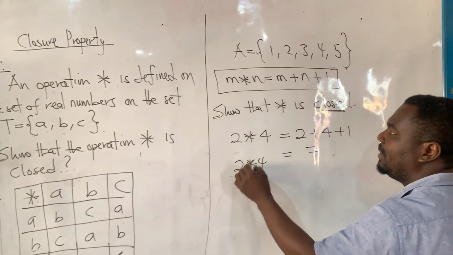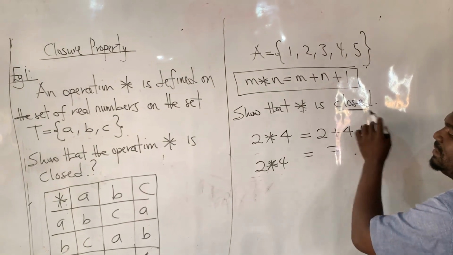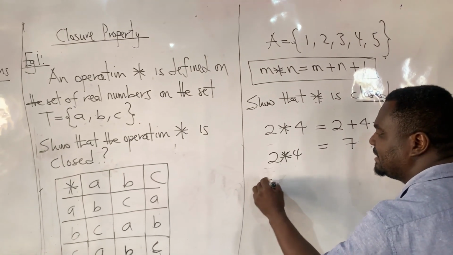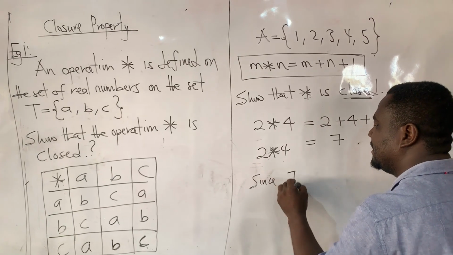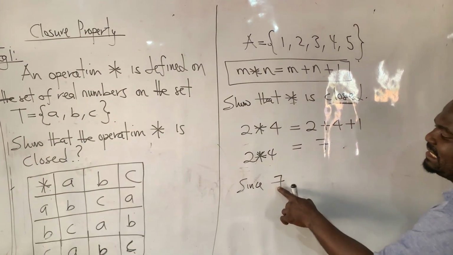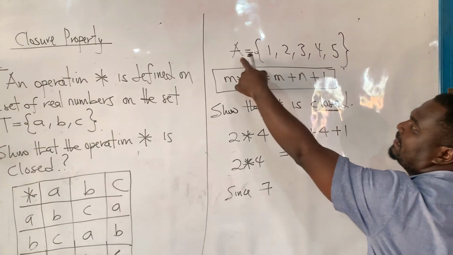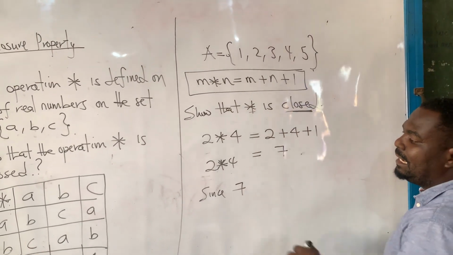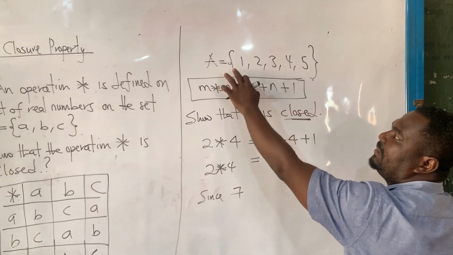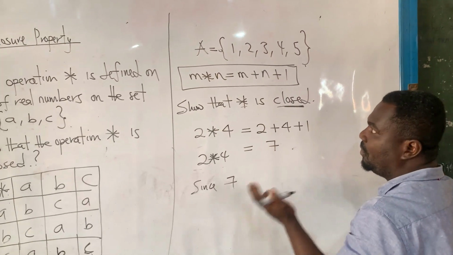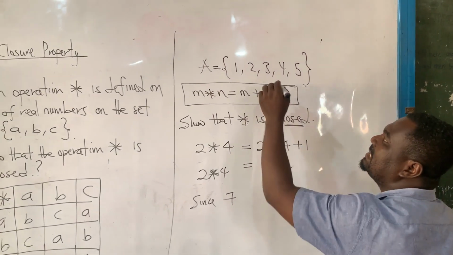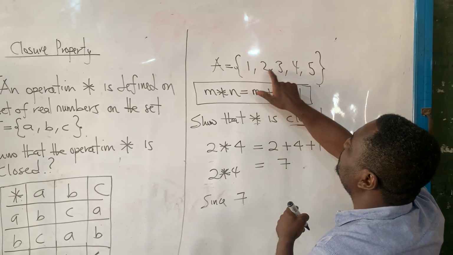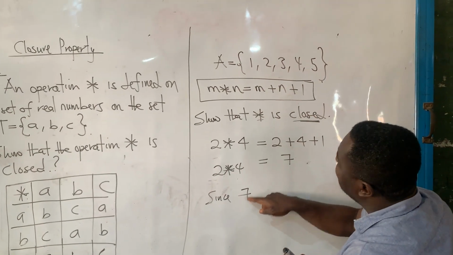Alright. And you are asked to show that the operation is closed. Watch here. Is 7 a member of the given set A? No. Why? Because we have the set as 1, 2, 3, 4, 5, and we can't see 7 here.